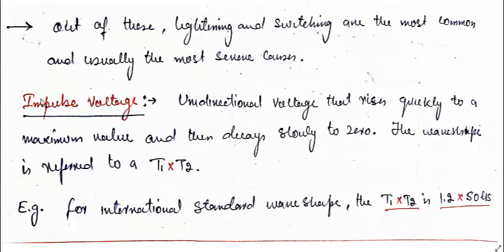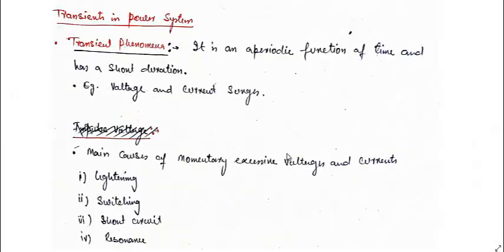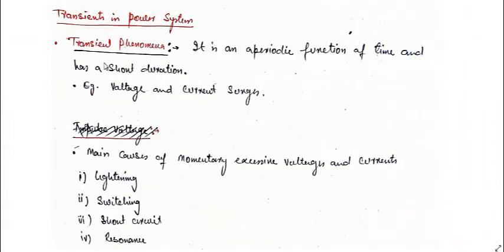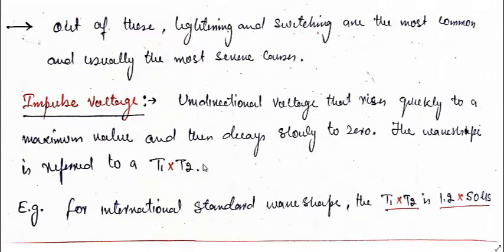Again, it is a similar type of transient voltage, or surge. The only difference is that this impulse voltage is unidirectional. A transient can be unidirectional or not; it can have both directions and may change to the other side of zero as well.